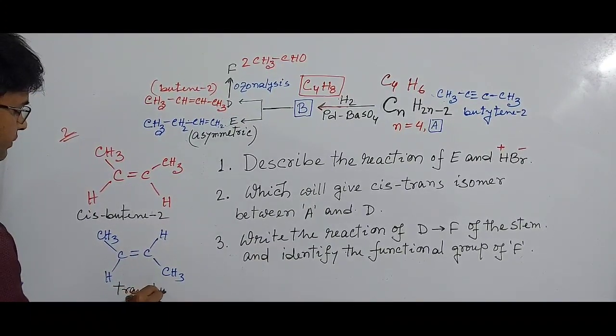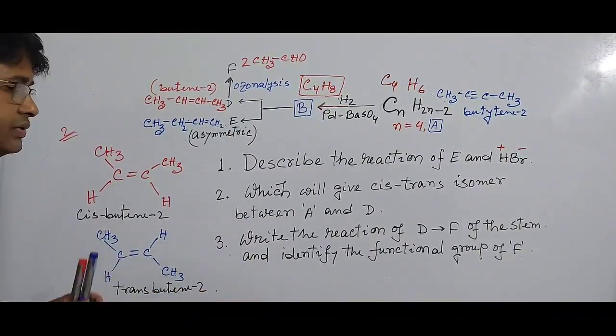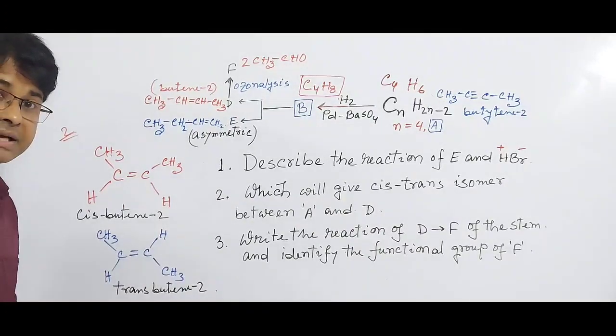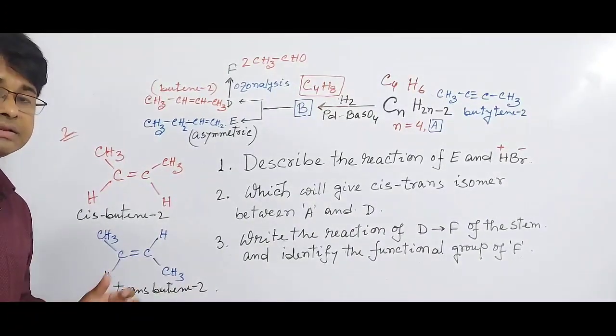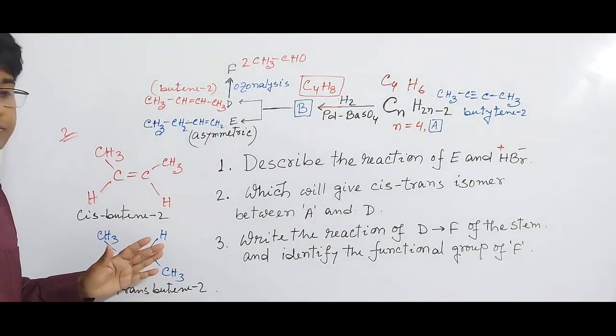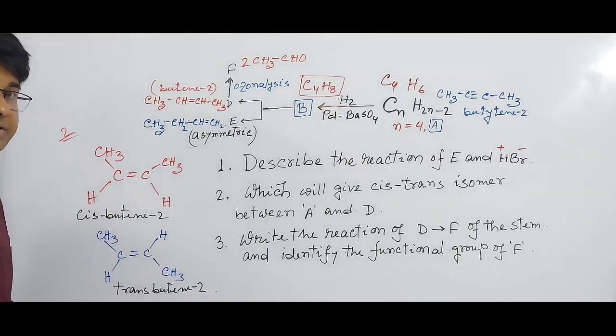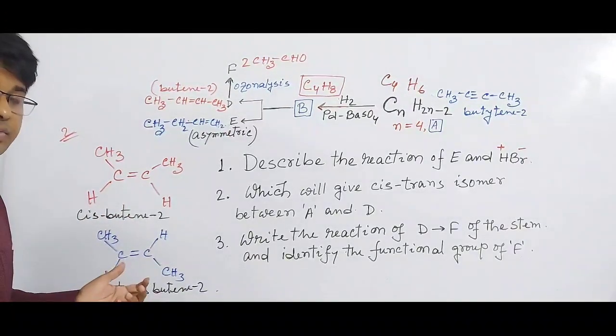Students, here you have to write the conditions of geometrical isomerism, and then you have to prove that butene 2 gives geometrical isomerism, and of course you have to write the reason.